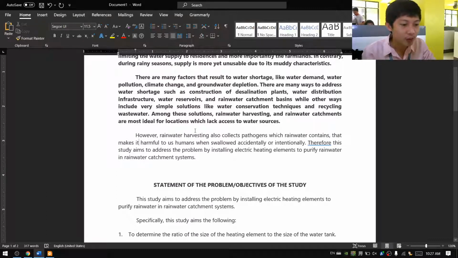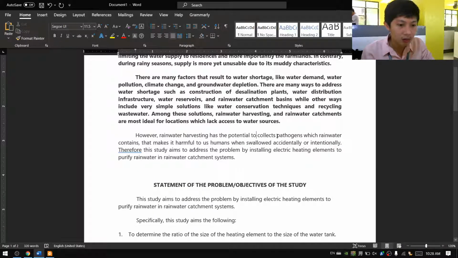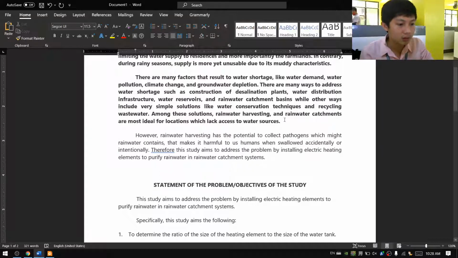So, however, rainwater harvesting also collects pathogens. Not "also collects," has the potential to collect pathogens which rainwater contains, might contain. Period.